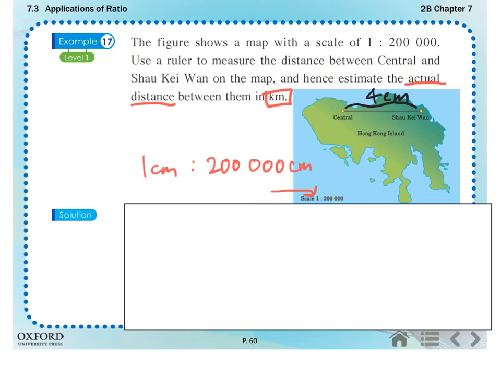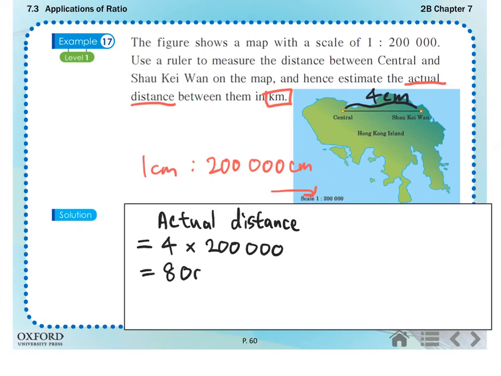So we can write down actual distance equals 4 times 200,000. So what we have is 800,000 cm.